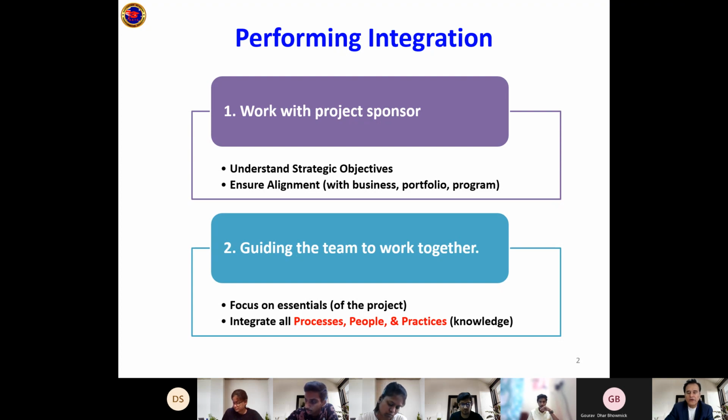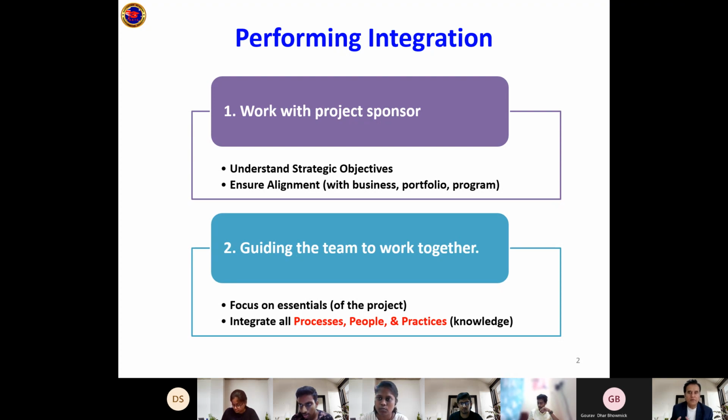In this case, the aquaponic project, the essential focus is to deliver the product per se, the aquaponic project. For that, you will have to integrate the process of delivery, the people who will be delivering, and the practice, or what we call the knowledge component of project management. Because without the knowledge, you will not be able to apply it to the project. And last week we saw that PMBOK is the body of knowledge. So that's what we are learning.